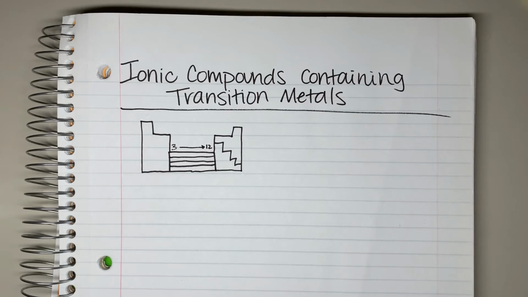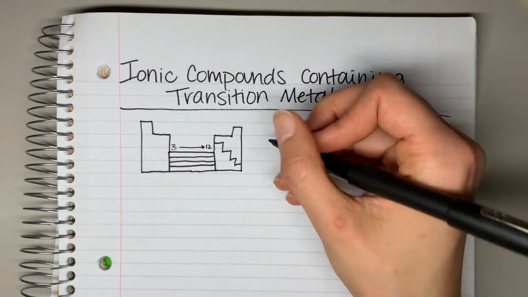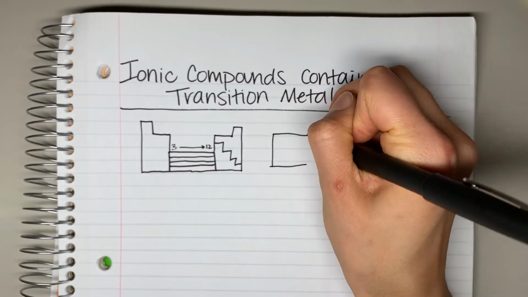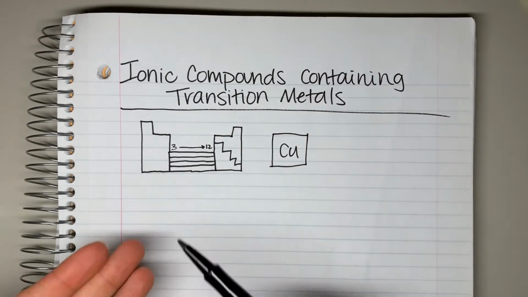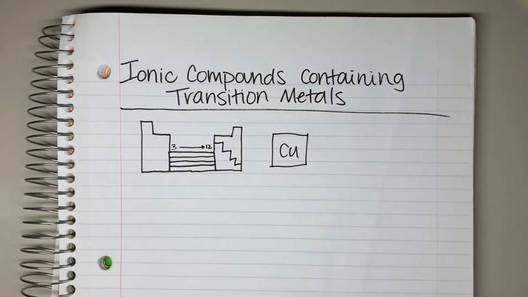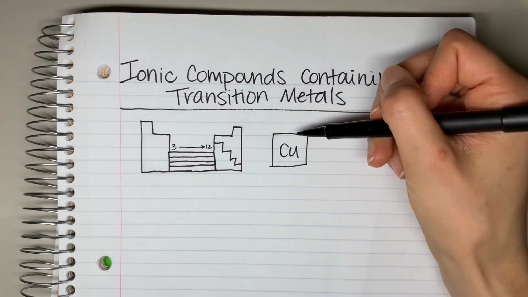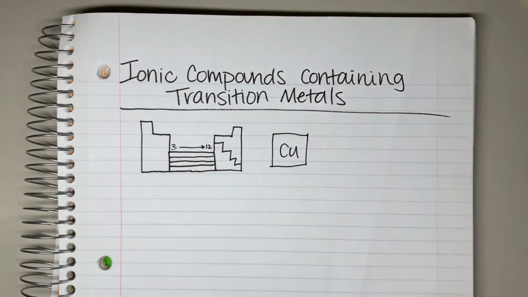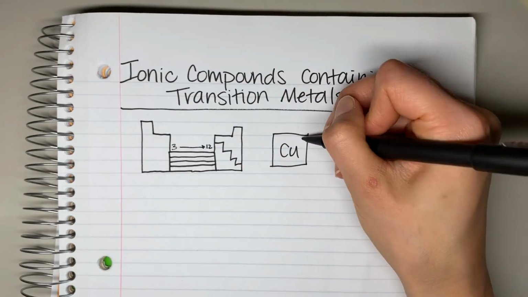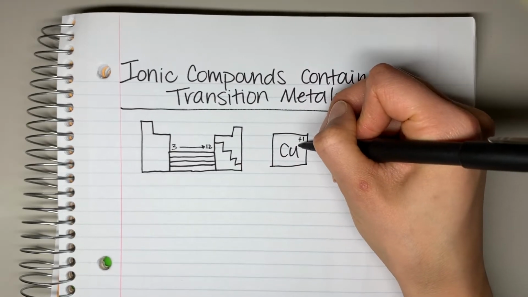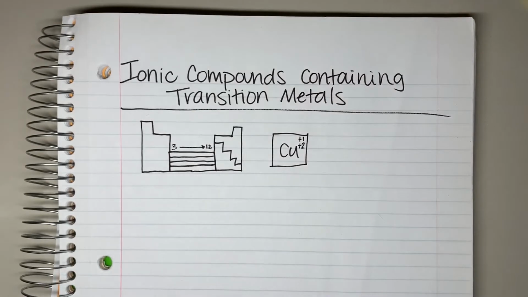Now, the thing to look for when we are naming compounds that contain transition metals, in the upper right-hand box of some of the transition metal element boxes in the periodic table, you are going to look for the ones that contain multiple charges. So for instance, at the top of the box for copper, you should see a +1 and a +2.